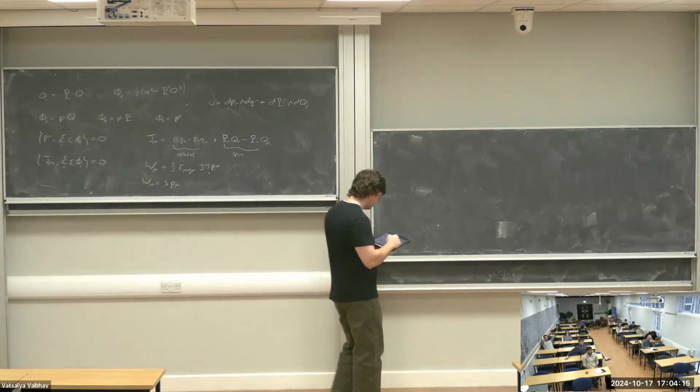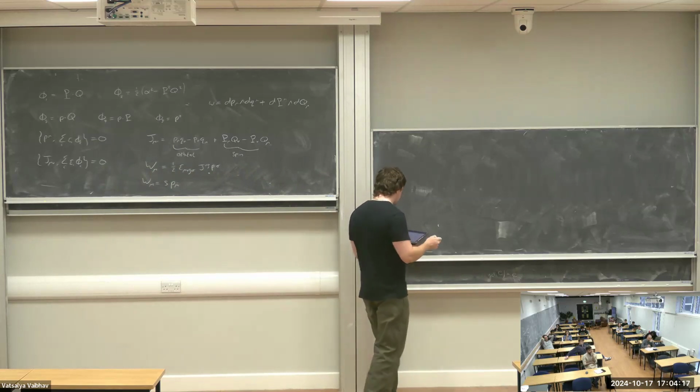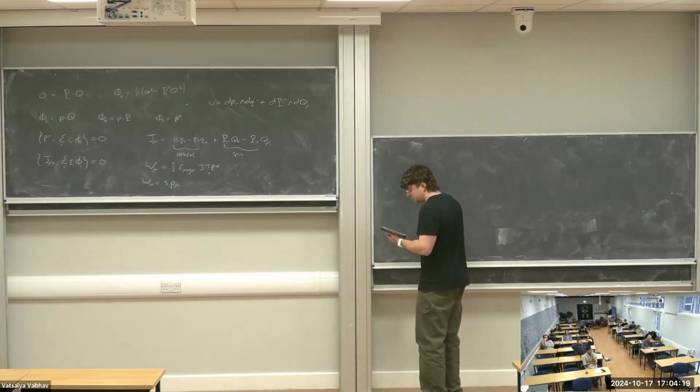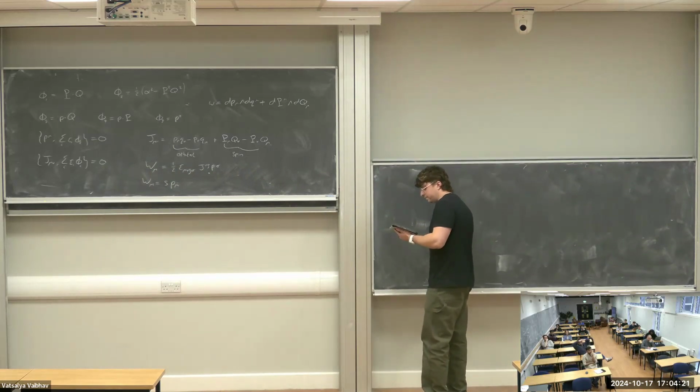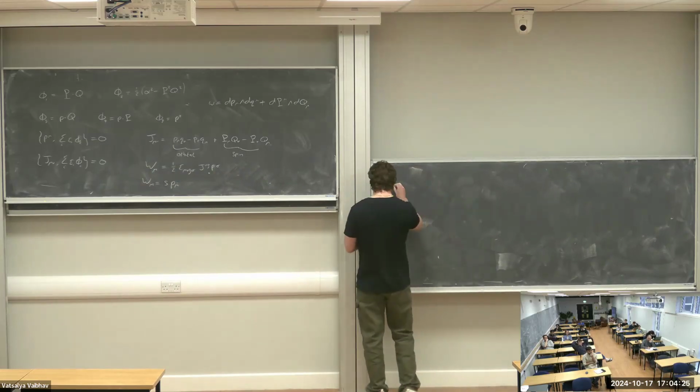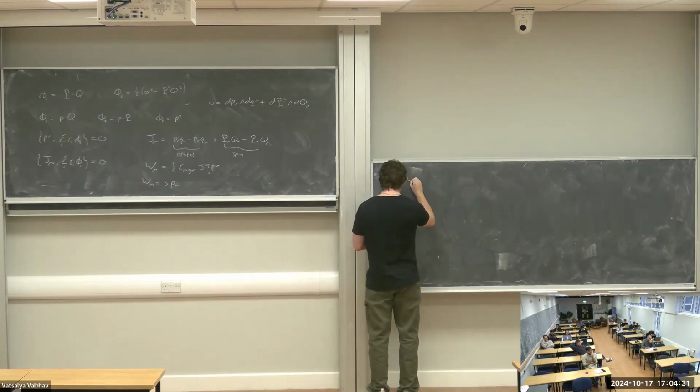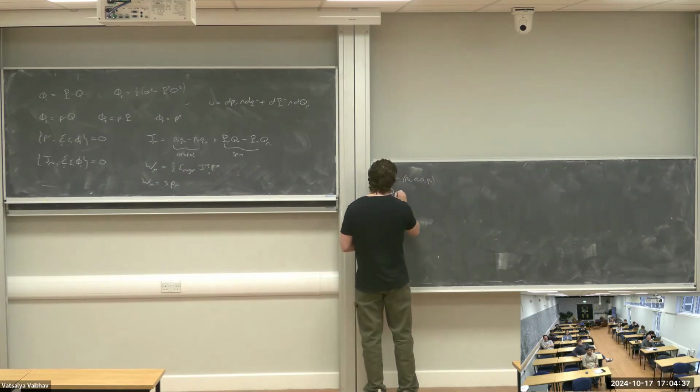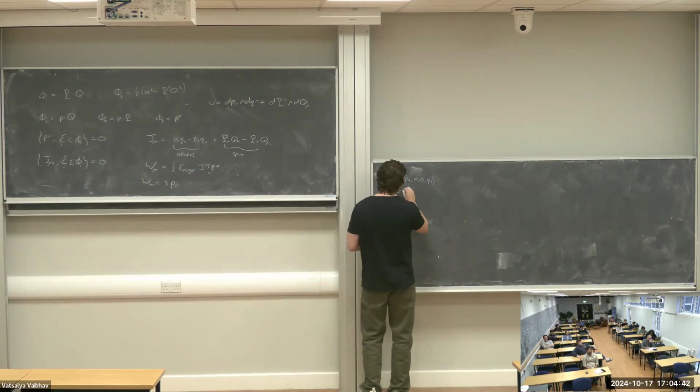To see this, it's easiest to do if I pick a particular frame. So I'm small p, and I'm going to pick a frame in which this is equal to (p0, 0, 0, p0). And I have this big Q, which we determined was space-like.